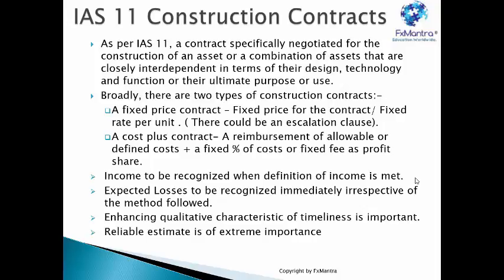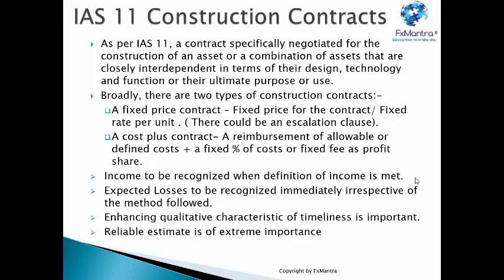Now, as I said that in the construction contracts, it is important for us to recognize income. That is the main issue here. The reason being, we cannot delay to recognize profits, or maybe we cannot stop to do the accounting till the entire construction contract is over. The reason being here, the timeliness is very important, which is your main enhancing qualitative characteristic.